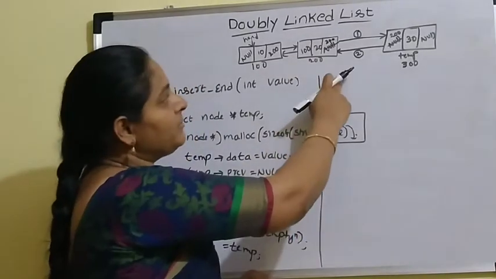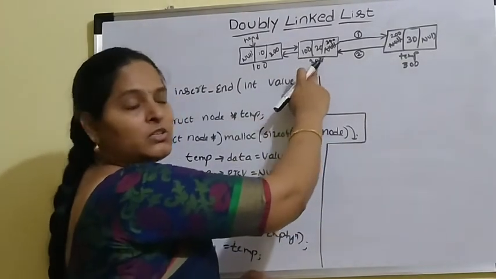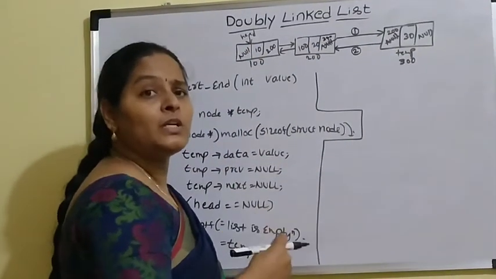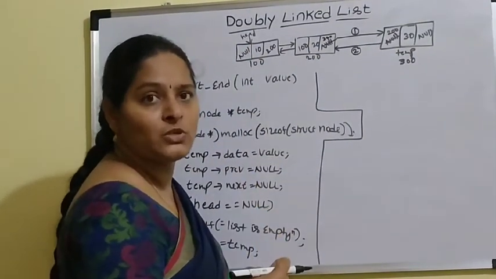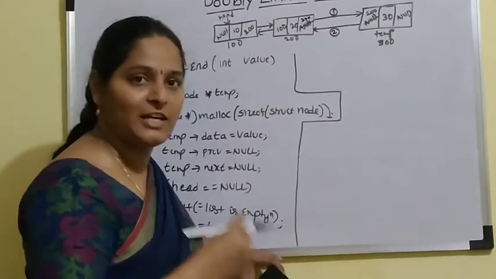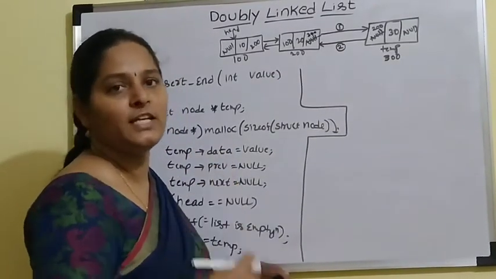In the diagram, we know that the second node is the last node, so directly we are inserting temp after the last node. But in the program, how to identify the last node? If any node's next part contains a null value, then that indicates that node is the last node in the list.